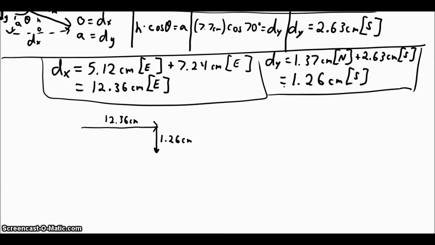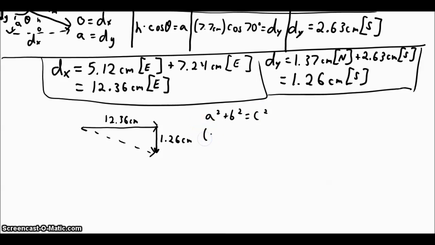A resultant, and it is helpful to take a straight edge and draw these lines, because even though it's not to scale, it's nice to be neat about this. Now, this is a preview of our final answer here. This is the vector we're trying to find. So we're going to use the Pythagorean theorem, a squared plus b squared equals c squared.